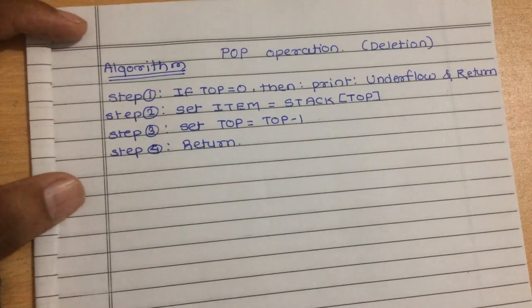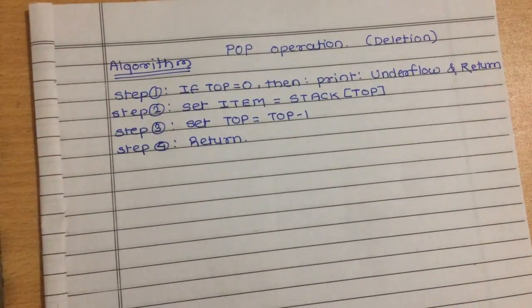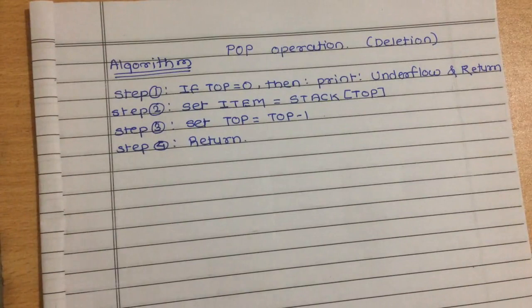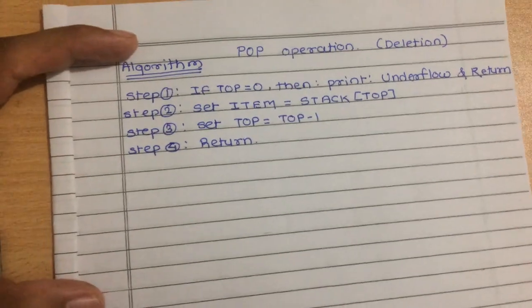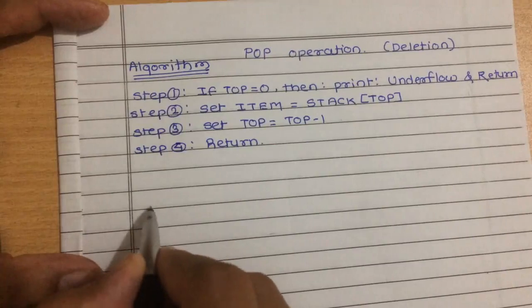So let's discuss this algorithm step by step. As in the previous case also, we have to check this algorithm for different conditions. So here we'll discuss the first case.